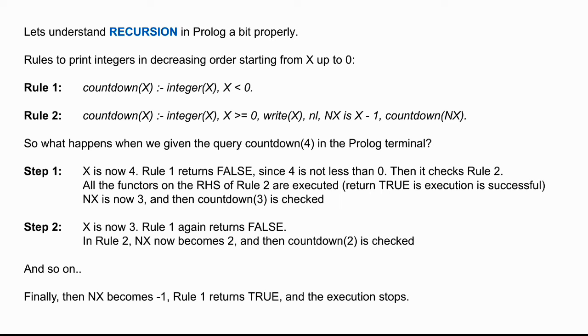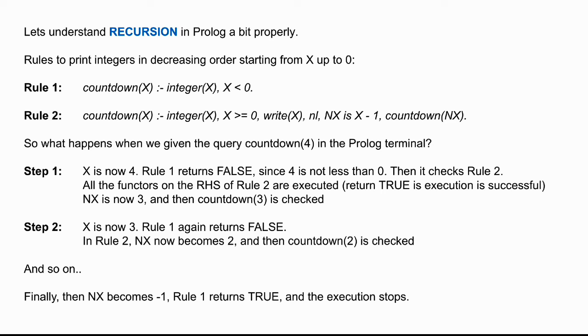This is what makes it recursive. So let's take a particular query, countdown(4) in Prolog, and let's see what happens. Initially X is 4, rule 1 will return false because X is positive. And now my algorithm will check rule 2.